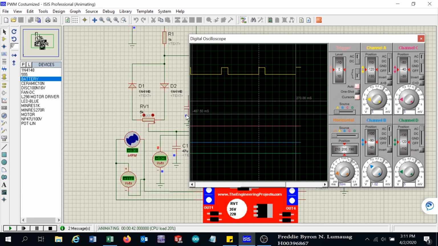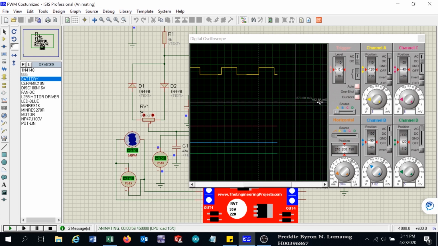Okay, so here I will click the value, and you can see the pulse is getting enlarged. But you can see the frequency doesn't change because the period doesn't change. It's still 270 milliseconds until its maximum value.